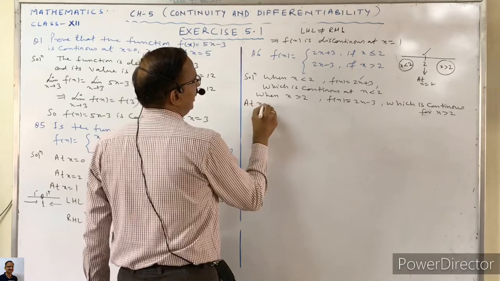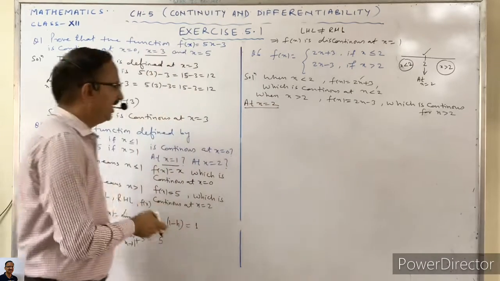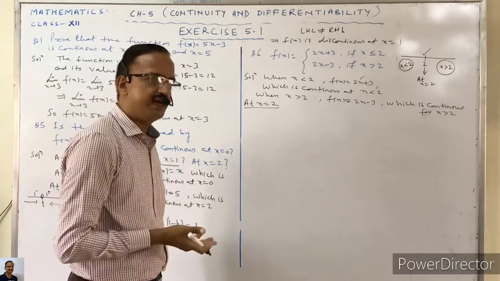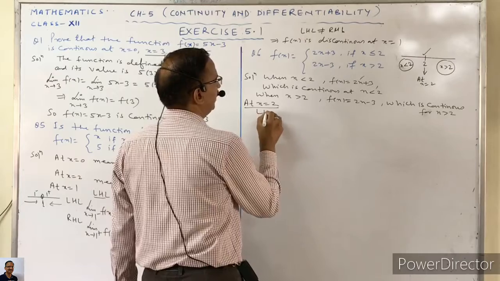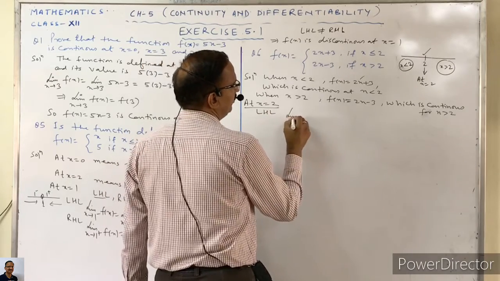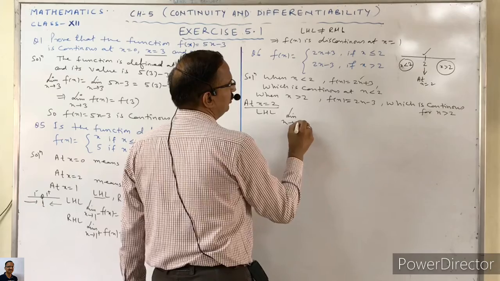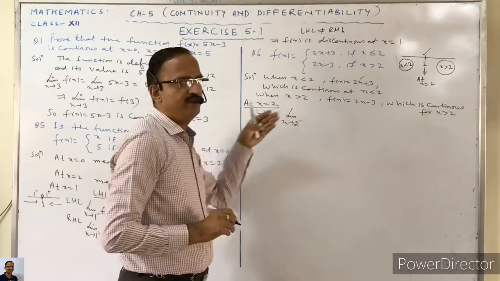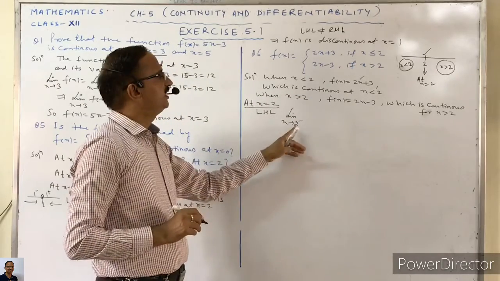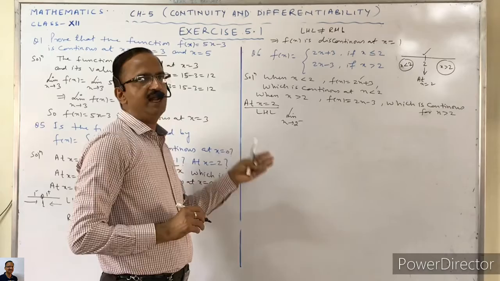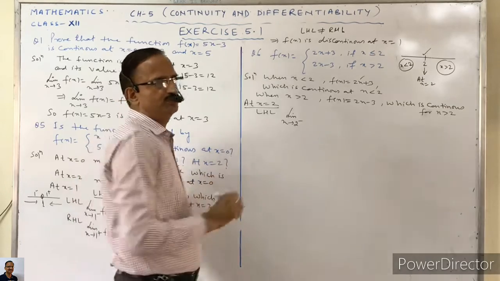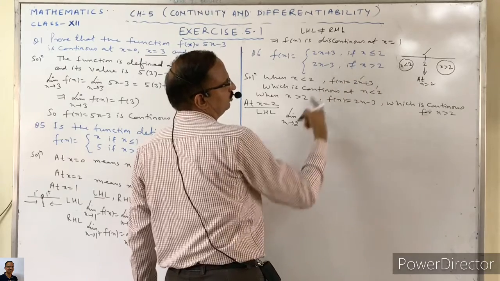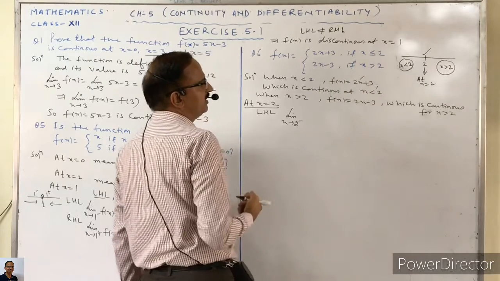At x equal to 2, we will apply this method, which means we will find the left hand limit, then the right hand limit. For the left hand limit, we write limit x tends to 2 minus. It means we are approaching this point from the left side, and 2 minus means slightly less than 2. So x is less than 2, and the function is 2x plus 3.